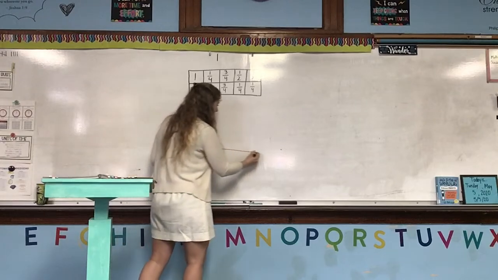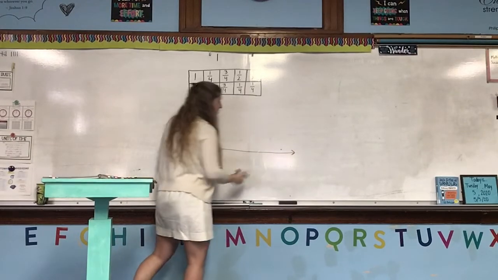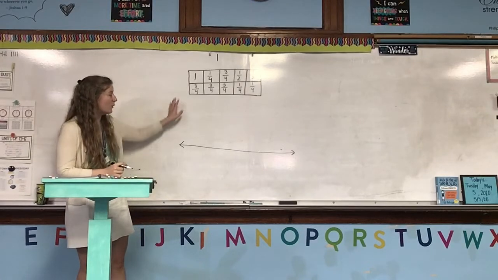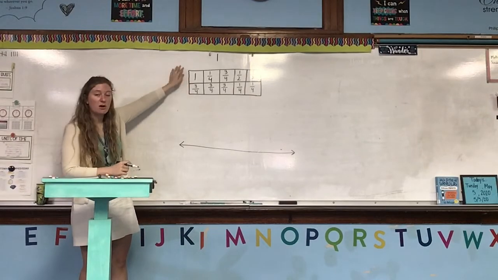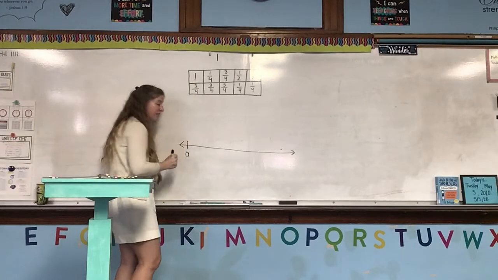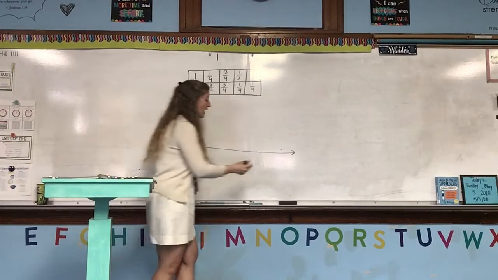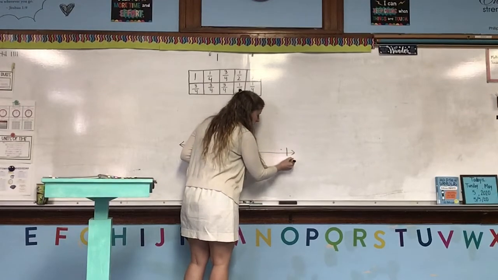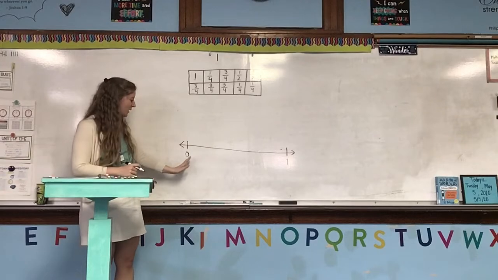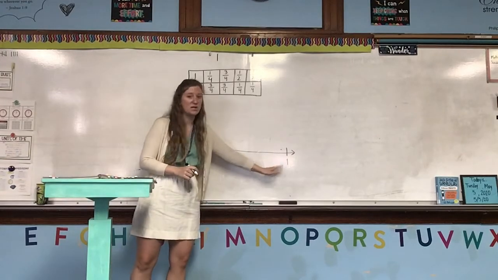So I've got my arrow on one side and my arrow on the other side because remember that shows that the number line keeps going. Now all of my measurements are between 0 inches, or nothing, and 1 inch. So that means all of my data is going to be plotted between 0 inches and 1 inch.